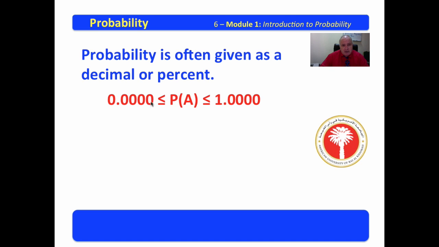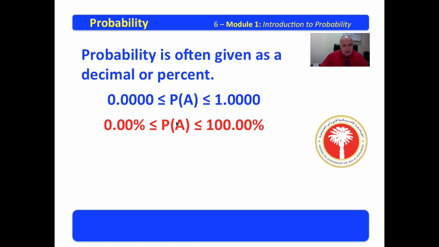Here is the probability of 0. Here's the probability of 1. And the probability of A rests between the two of them. Sometimes we talk about probability in terms of percent. 0 is 0%, 1 is 100%. We might say that a probability lies between 0.0000 and 1.